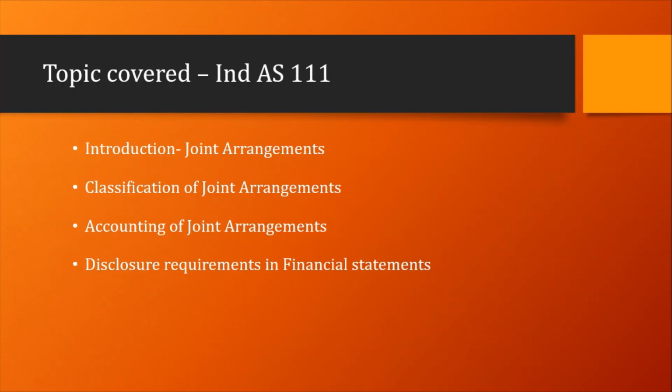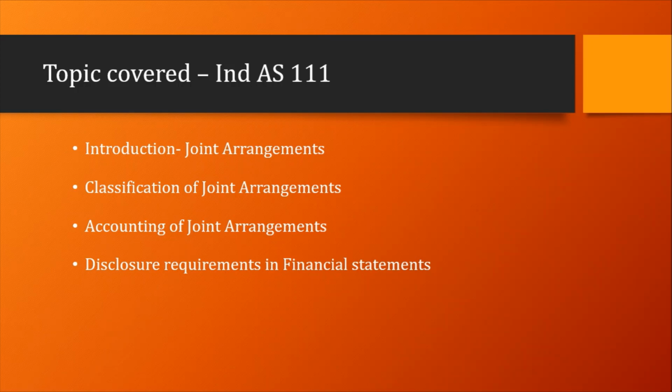I have covered today's topic in four different sections. First is the introduction, where we will discuss what a joint arrangement is, and the reasons why companies prefer to come under a joint arrangement and perform their tasks or operations.